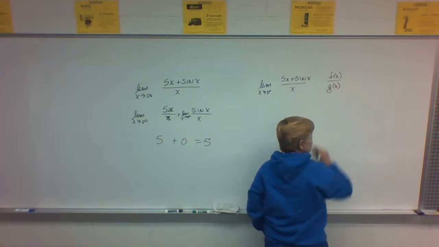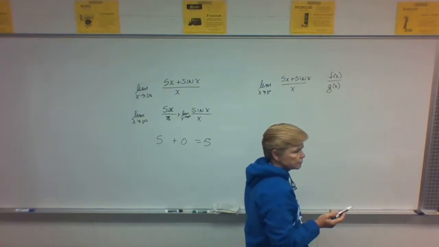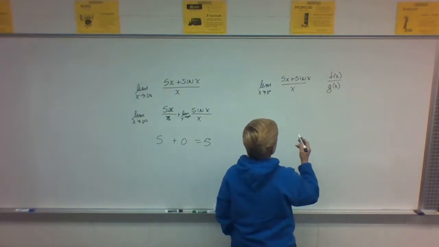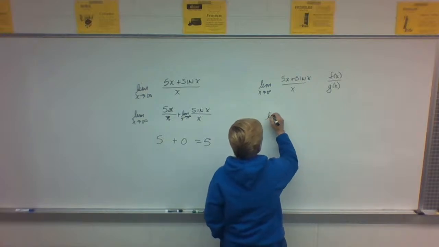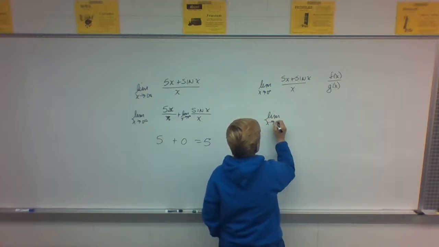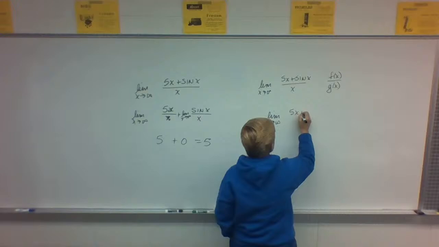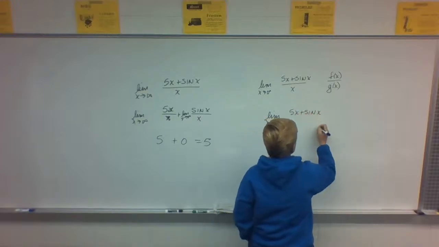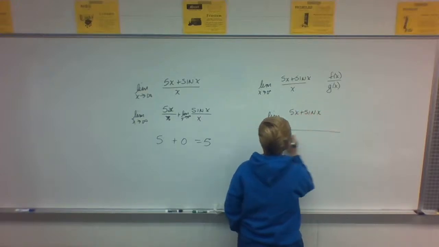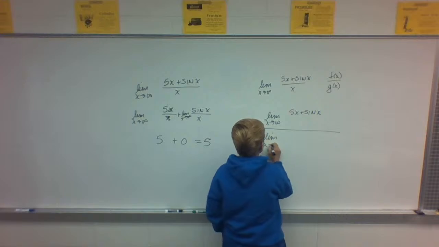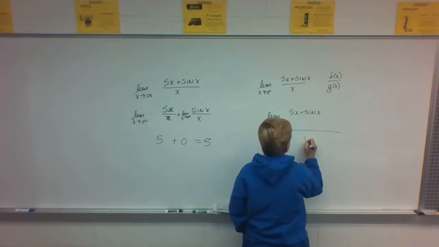Wasn't that one of our properties? Couldn't we consider it that way? Yeah. And so then they're saying that we could take the limit as x approaches infinity of 5x plus sine x and divide that by the limit as x goes to infinity of x.